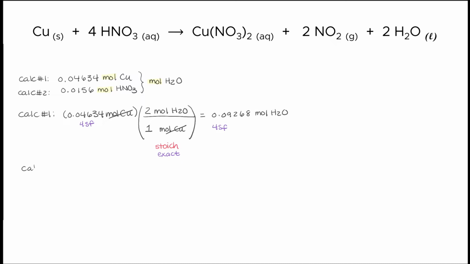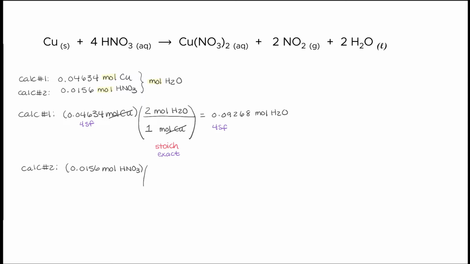So let's do that. For calculation number 2, now we're starting with the nitric acid, 0.0156 moles of nitric acid. Setting up this stoich step, we'll have moles of nitric acid in the denominator, so the units will cancel, and moles of water in the numerator.